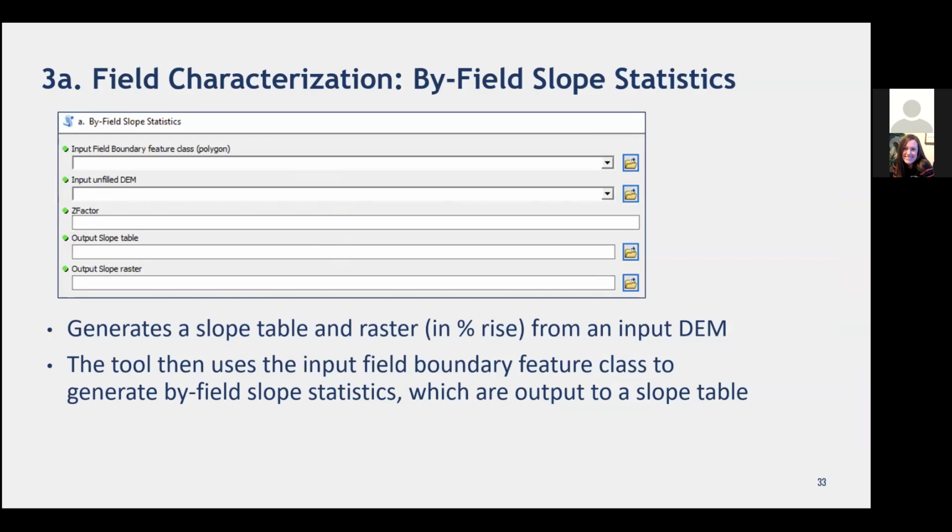You provide the field boundary and the DEM, and this tool generates a slope table and raster in percent rise. It then uses the input field boundary feature class to generate those slope statistics by field, which are outputted to the table.